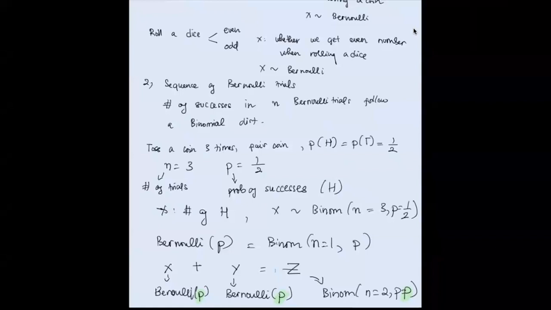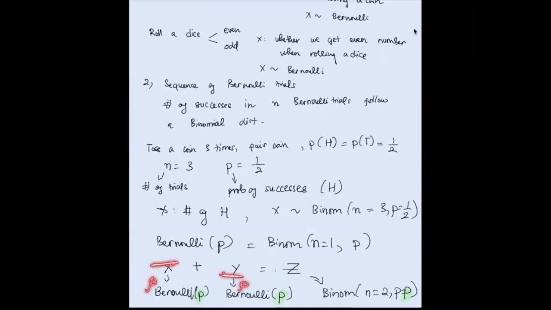Because if you think about it, X is Bernoulli with parameter p, which means you do the experiment 1 time. And you know that the probability of success when you do this experiment is p. Similarly, here you do the experiment 1 time, and the probability of success is also p.